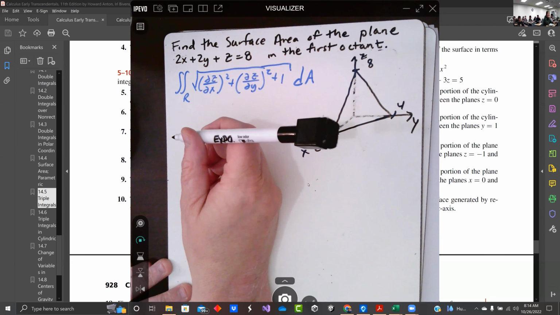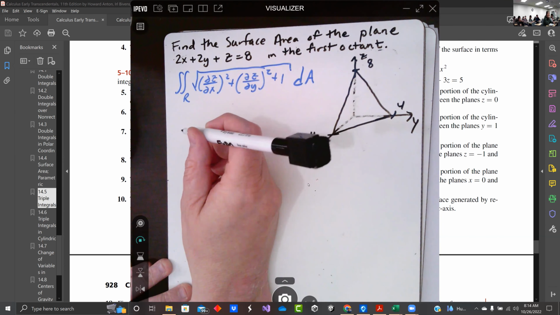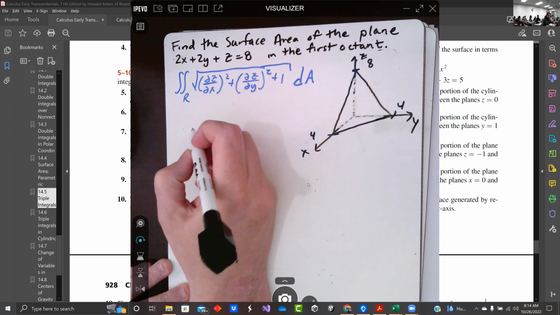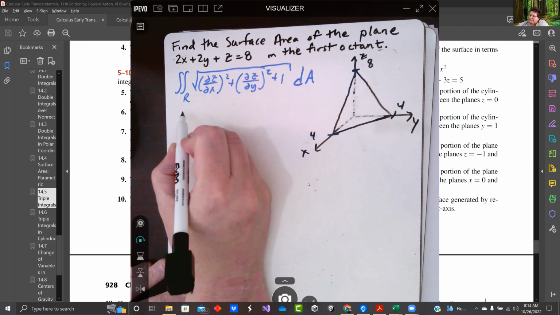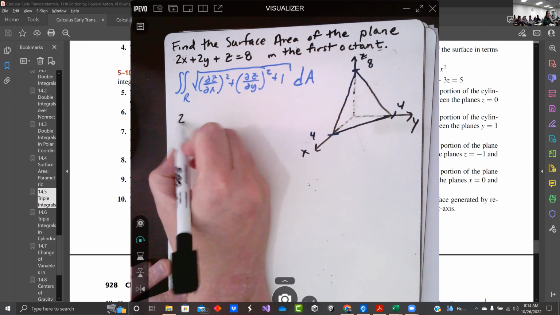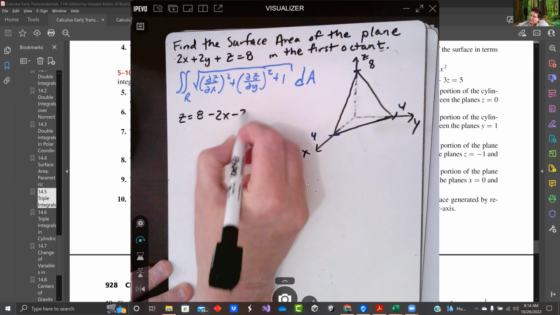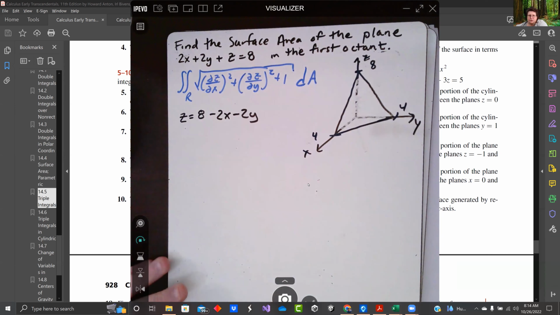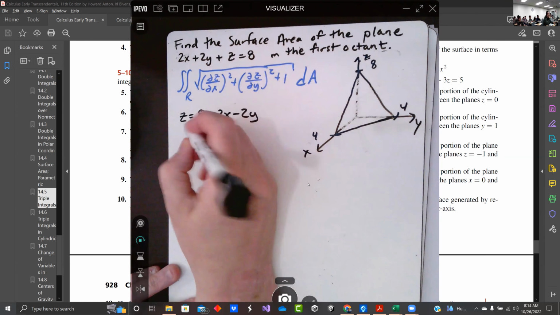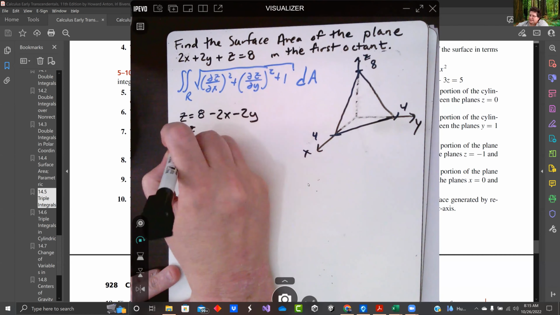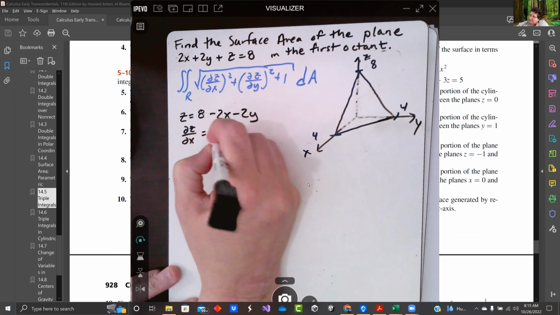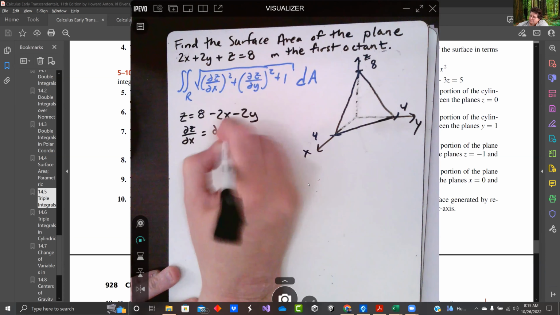Subtract 2x and 2y over to the other side. So now z is a function of y and x. Now we can find dz dx and dz dy. And they happen to be the same here. They're both -2.